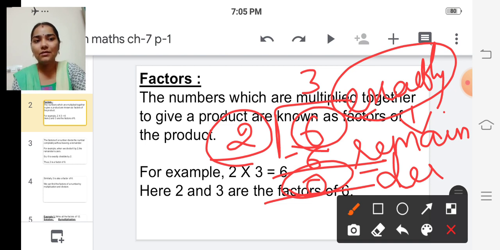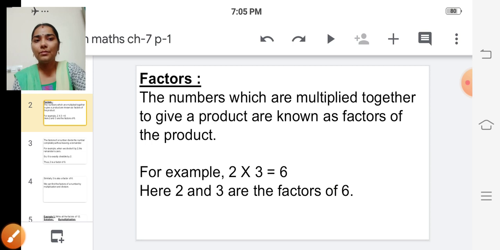Okay, children. So the numbers which are multiplied together to give a product are known as factors of the product. For example, 2 into 3 is equal to 6. So here 2 and 3 are the factors of 6.